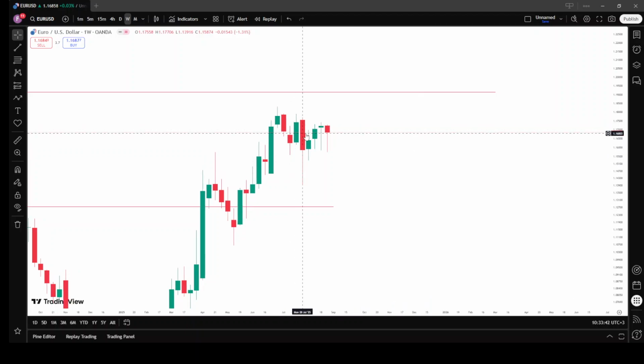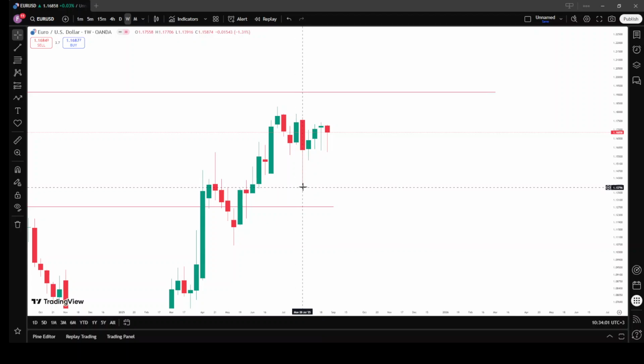This trend during the month of July is actually where I thought things would turn around for Euro USD. I expected a continuation higher for Euro USD in the month of July, but it did not break this low. So I took this low as a manipulation.